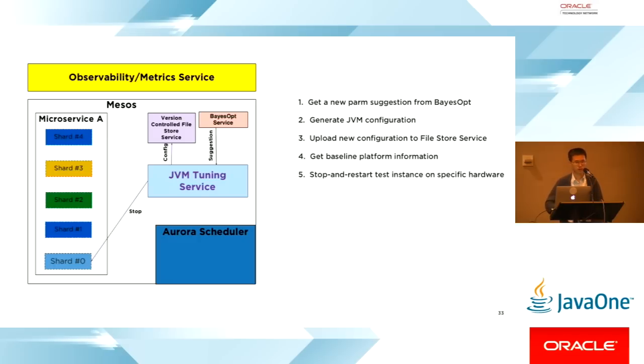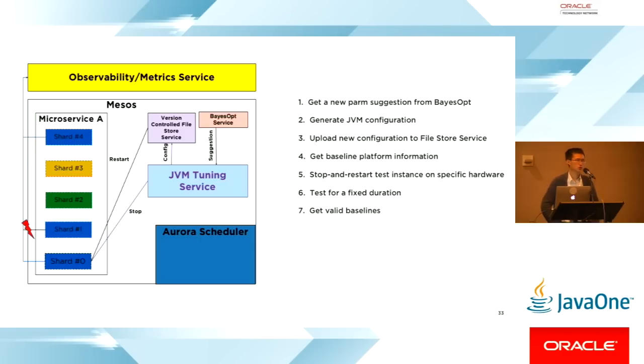Then we keep stopping and restarting shard 0 to get a matching platform. Here we find shard 0 is running on the same platform as shard 1 and shard 4. We will let them run for a fixed duration and then recheck the baseline.